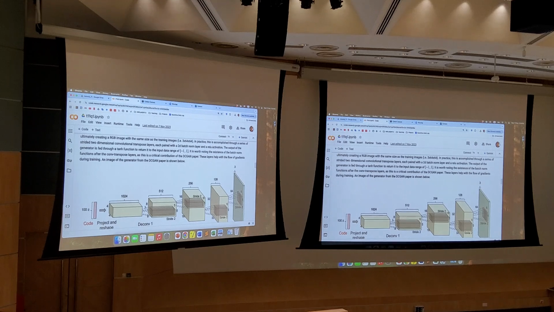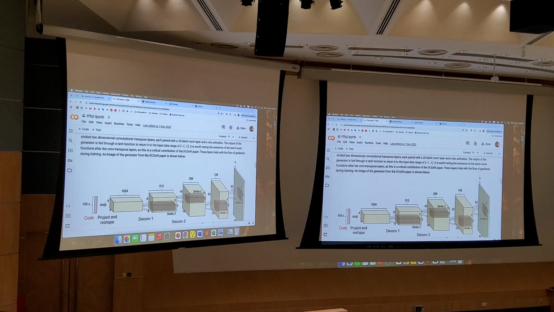Each of them is paired with 2-dimensional batch norm layers and ReLU activation function. At the end of the network we use a tanh function. Remember that the tanh function gives us the range between -1 and 1. We put it at the end of the generator because that's the range we want.